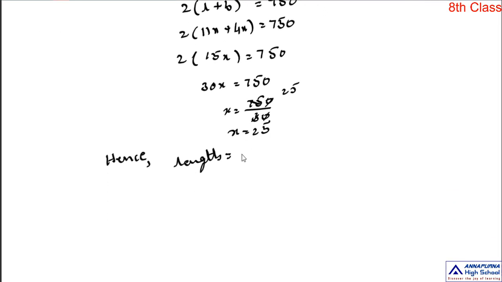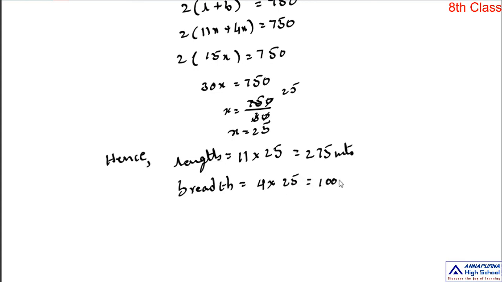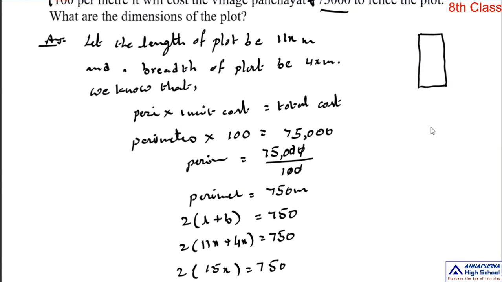So length is equal to 11 into 25, which is 275 meters, and breadth is equal to 4x, 4 into 25, which is 100 meters. So these are the required dimensions of the rectangular plot.